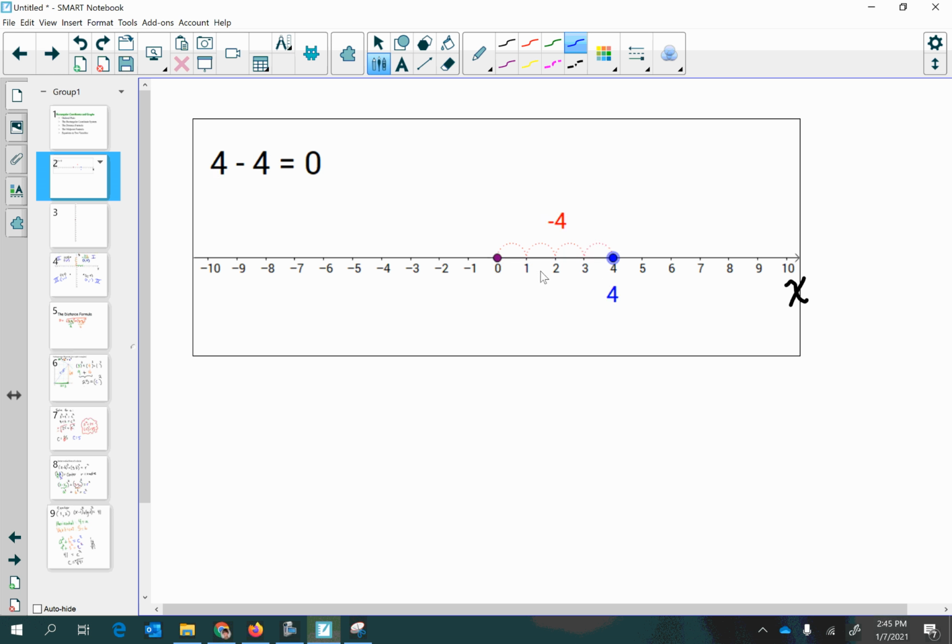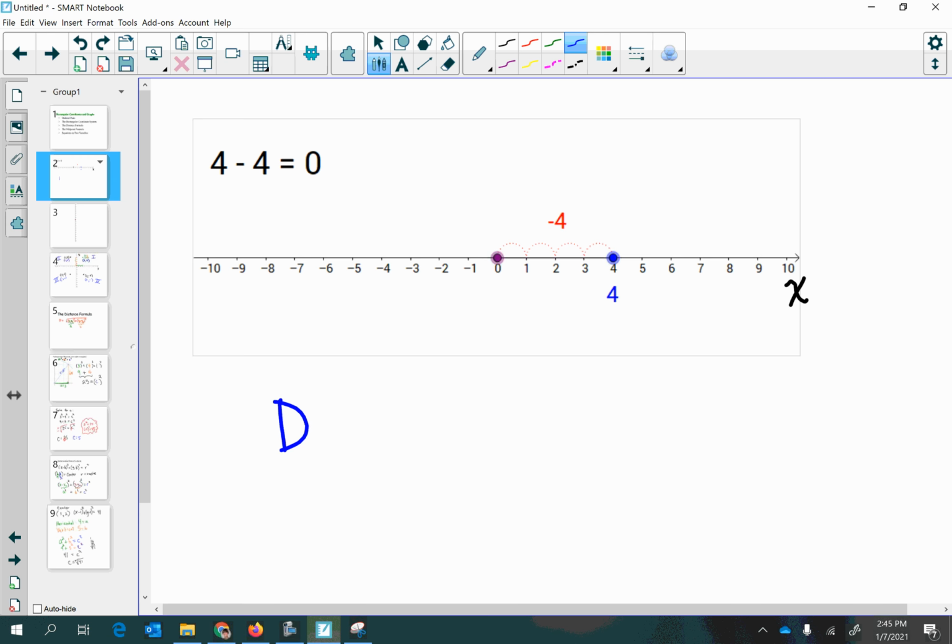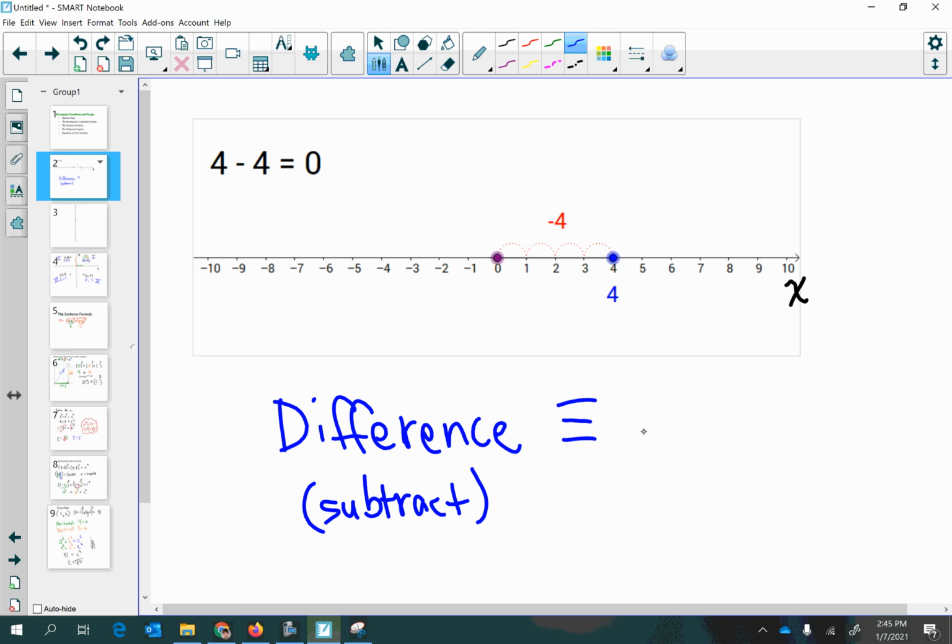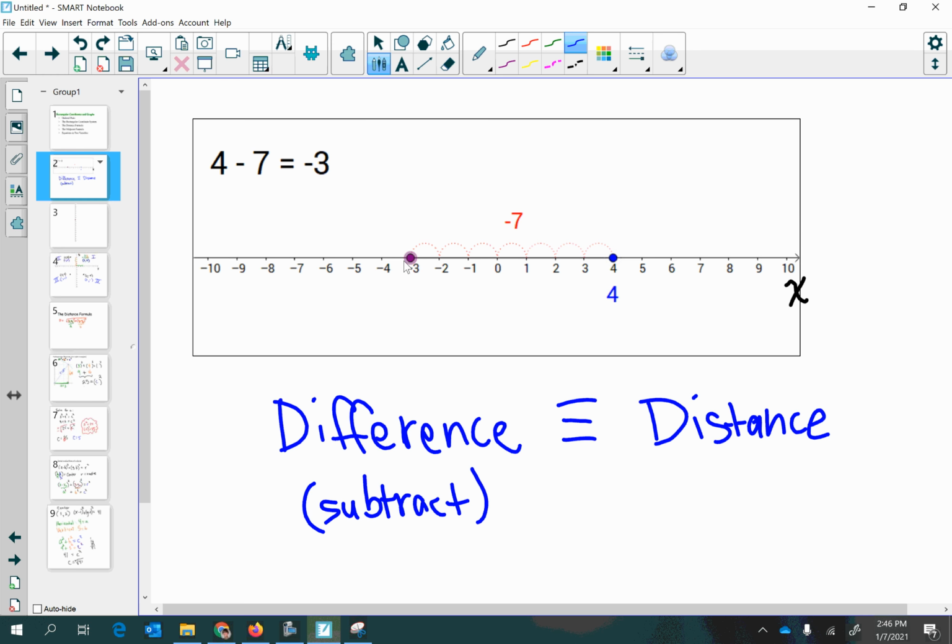So there is a difference of 4 between them, right? And you can find the difference or the distance, and they're interchangeable. Difference, which means to subtract, is equivalent to distance. So for any 2 points, I want to know the difference between -3 and 4, or the distance between -3 and 4.